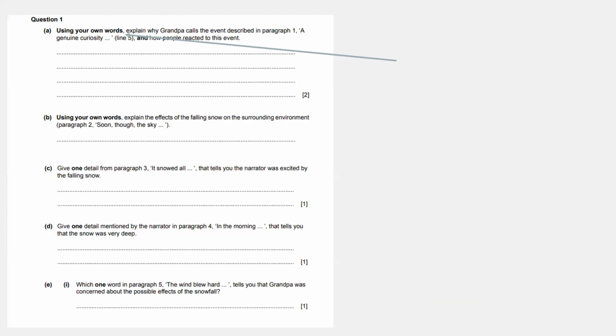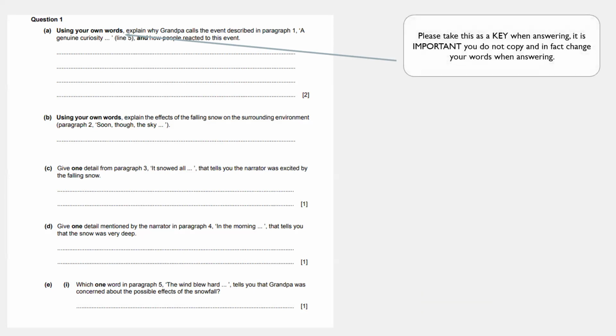So here in question 1, it starts off, and it's even in bold, using your own words. And this is really key when answering a question. It is so important that you don't copy, and in fact you change your words when answering.